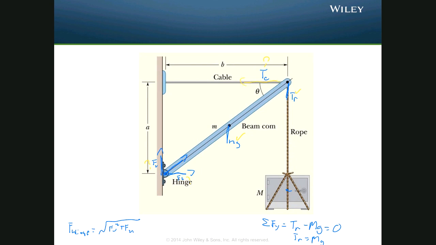So now let's look at our static equilibrium equations, and we have 3 equations and 3 unknowns, right? So we know we'll be able to sum the forces in X, we'll be able to sum the forces in Y, we'll be able to sum the torques. Okay?